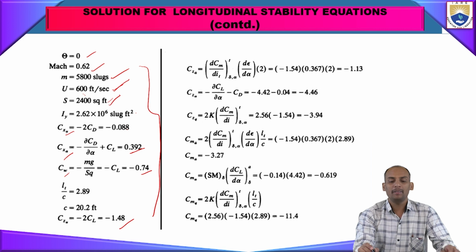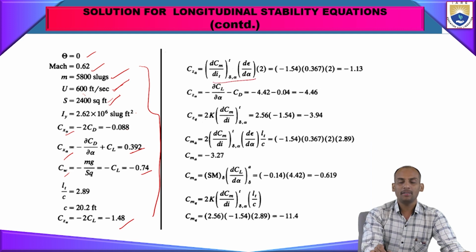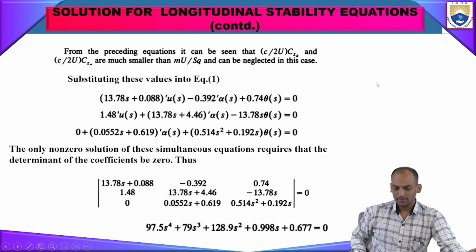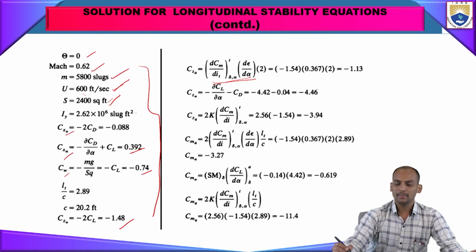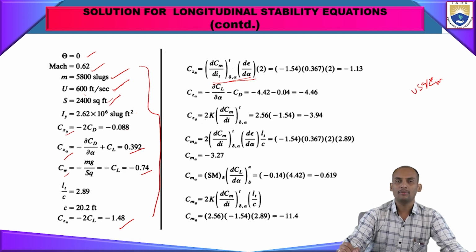And next thing will be about CZA. If you see the explanation for CZA, it is dCM by d-epsilon, and CM is again USQC.